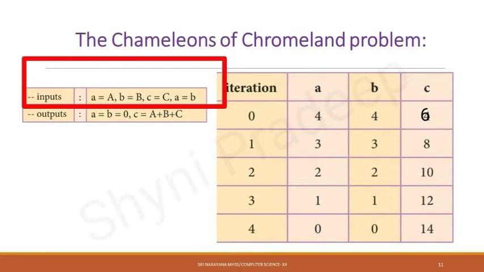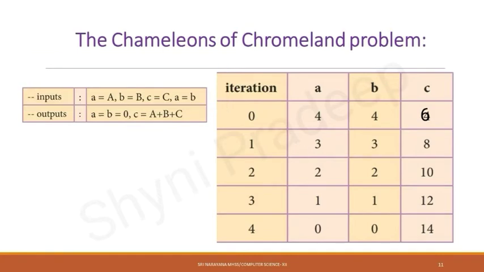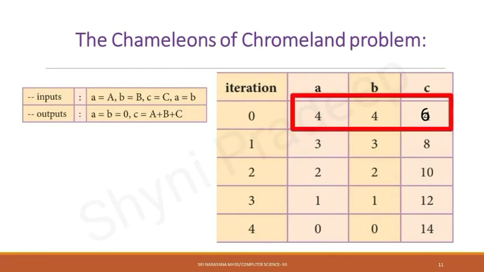Now you have to give numbers to these variables. You can take any numbers. So the initial values are A is equal to 4, B is equal to 4, because two types of chameleons are the same in number, and C is equal to 6.